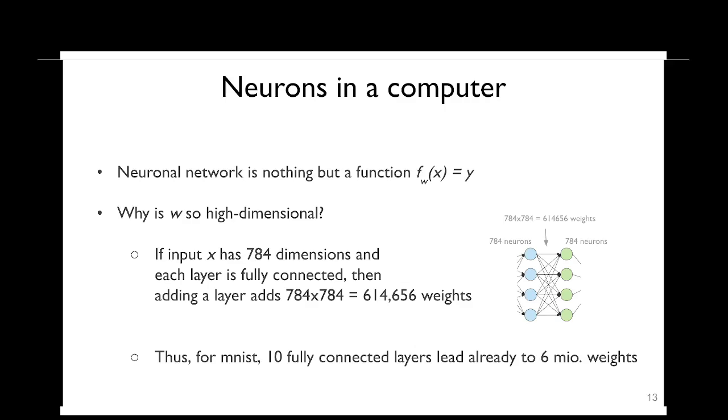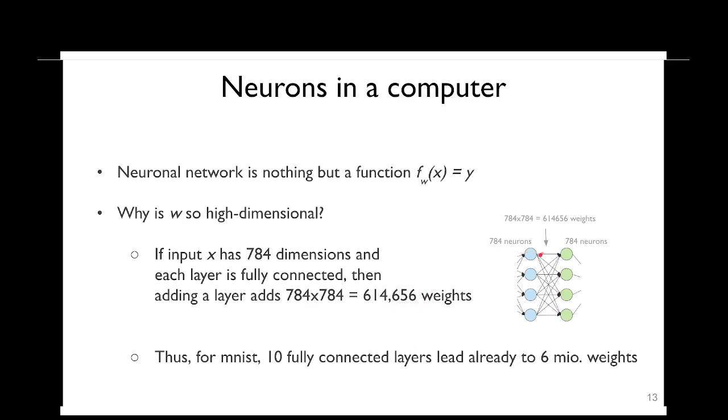If we consider the input layer with 784 dimensions, and we connect it to another layer, and it's fully connected, that means every neuron in one layer is connected to every neuron in the other layer, then this adds up to 784 by 784, and that's already 614,656.